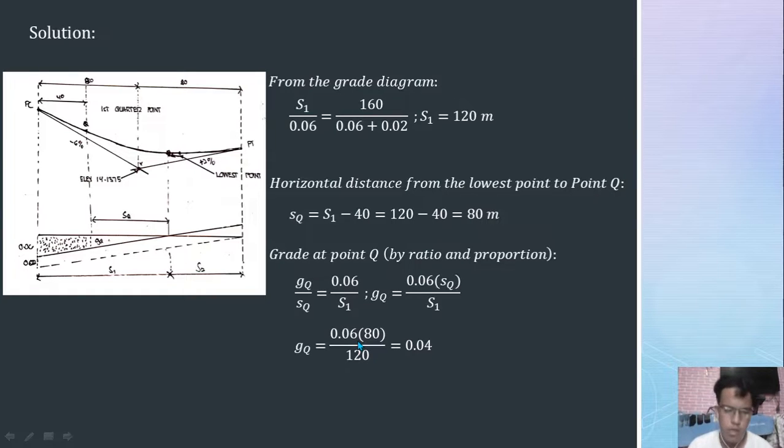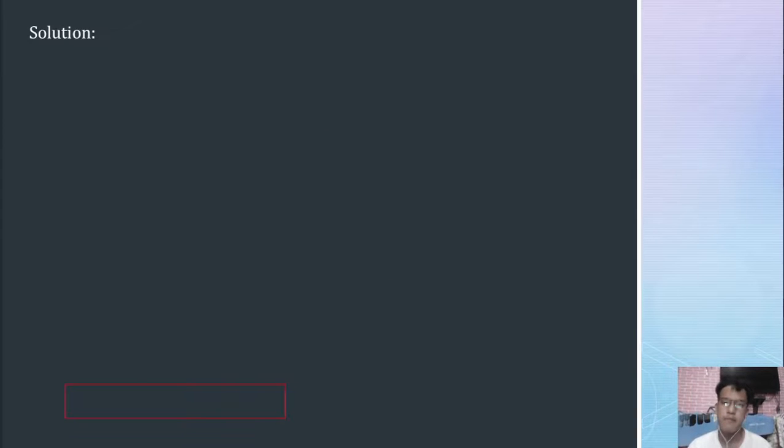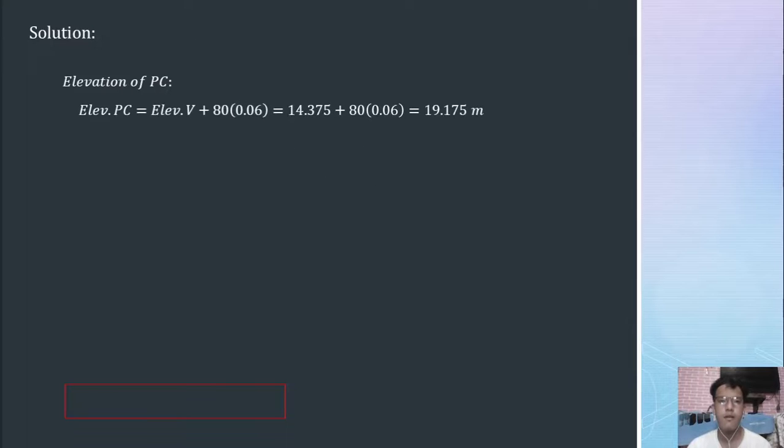Next, we get the elevation of PC. To get the elevation of PC, we need the elevation of V and 80 times 0.06. Why 80? Because it is 1/2 of the overall distance, times 0.06, which is also the subgrade.